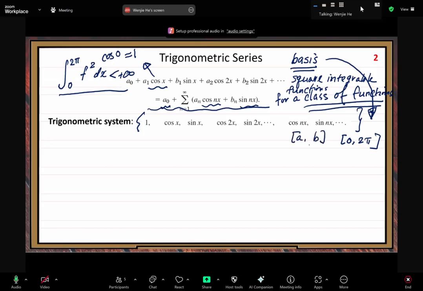Because for an AB interval, we start from the standard interval. We can shift and scale it. Then, if we have our results, we can do some simple operation to get that. So in real world applications, we don't worry about what interval.